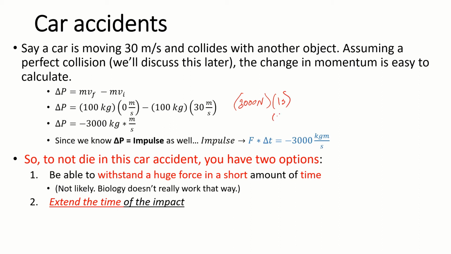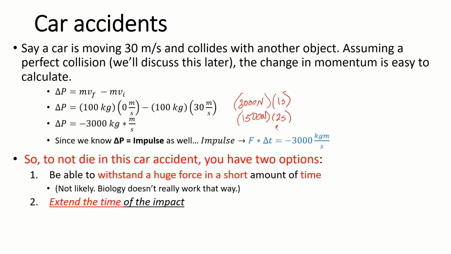Or if you double this time of impact by wearing seatbelts or using an airbag or having a rubber padded dashboard, then you've cut that amount of force that you're feeling in half. And while 15 Mr. Willises is still a lot, it's a terrifying number, you have cut the amount of force that your body has to withstand in half.